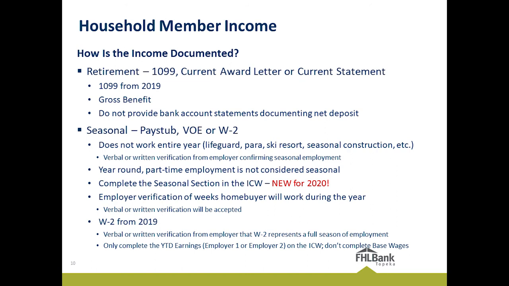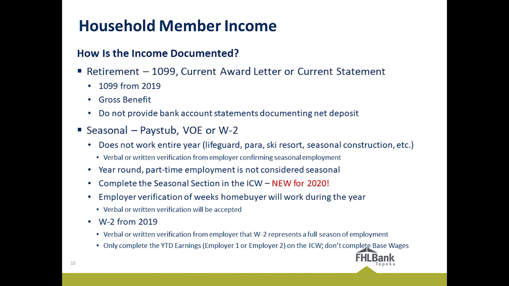If you determine that the employment is seasonal and the 2019 W-2 represents an entire season of employment, provide the W-2. Along with the W-2, we will need verbal or written verification from the employer that the W-2 represents a full season of employment.